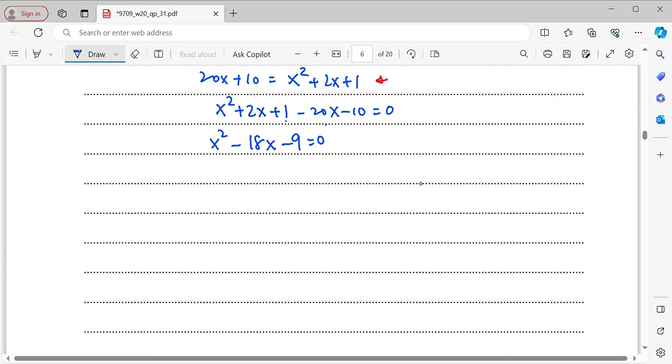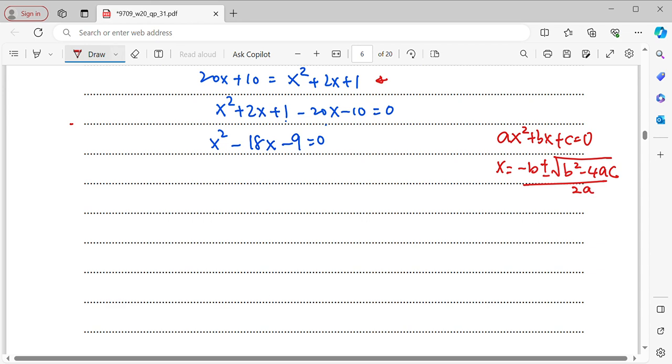So what we do is we need to use the quadratic formula. For your information, if ax squared plus bx plus c equals 0 is a quadratic equation, the formula is x equals minus b plus minus square root of b squared minus 4ac, over 2a.